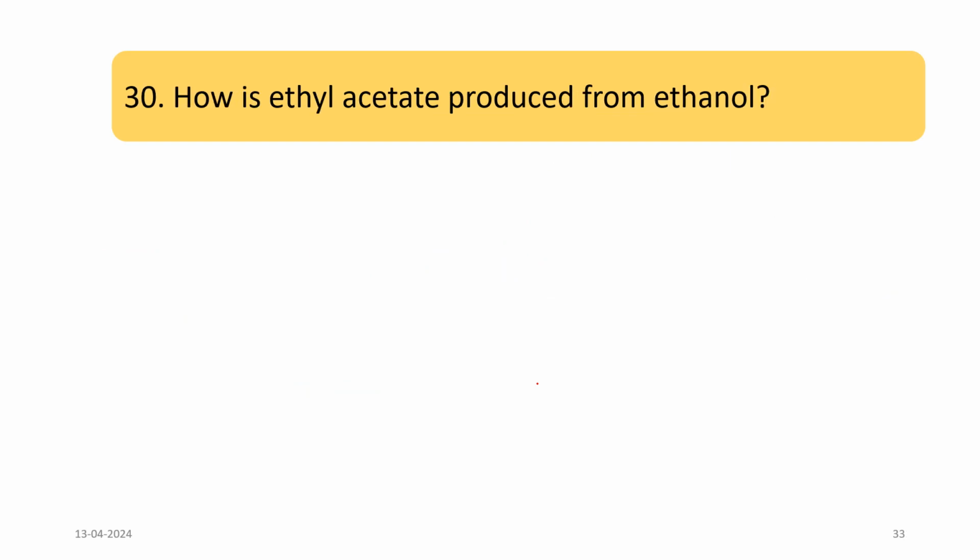Next, how is ethyl acetate produced from ethanol? The ethanol structure is this. It is burnt in the air and will produce acetic acid.